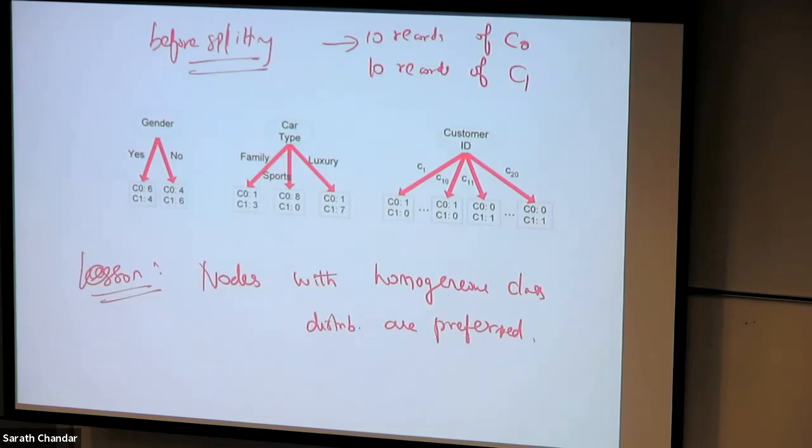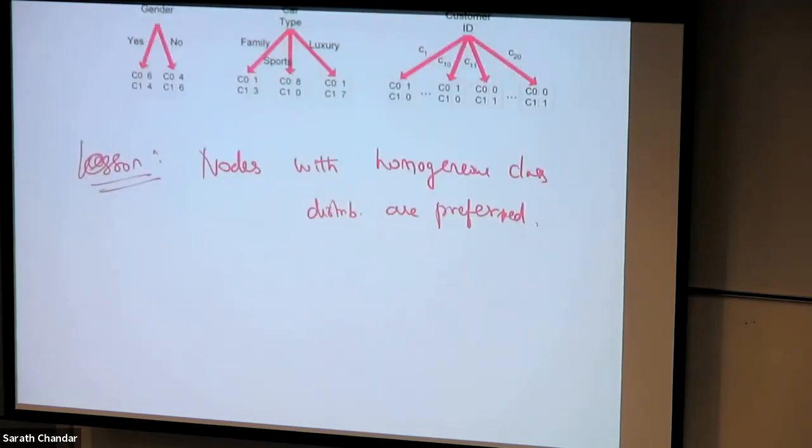Is that clear? So homogeneous is the key here. Or in other words, we prefer what we call pure nodes. So we are preferring pure nodes, which means we need a measure of node impurity.